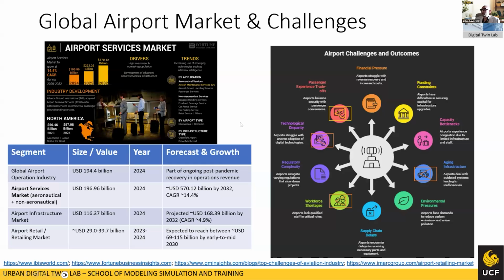We still have issues with workforce shortages and so on. How can we leverage this, and even aging infrastructure in airports or technology disparities?